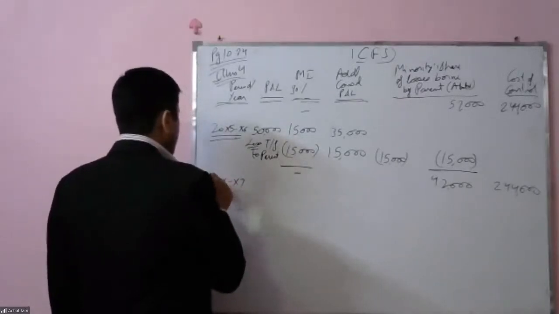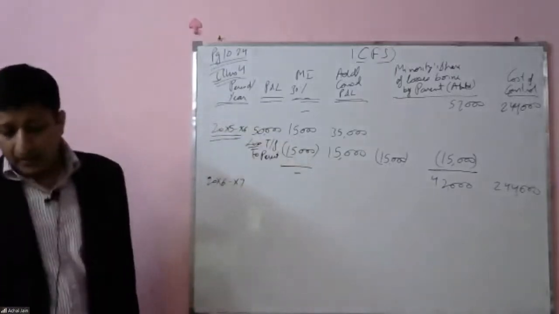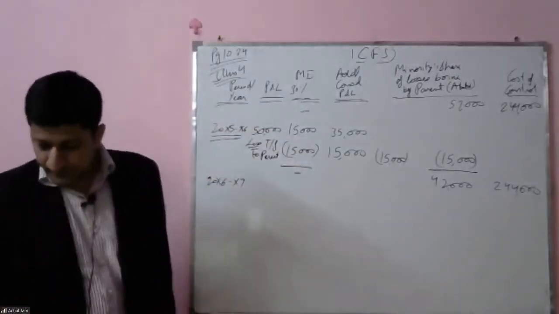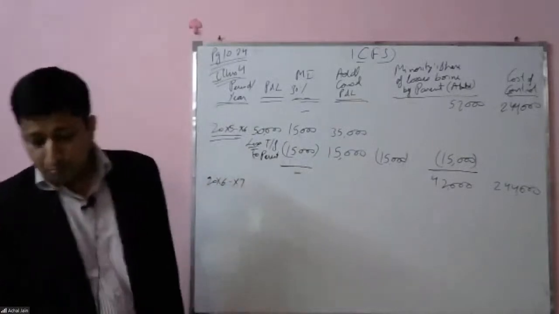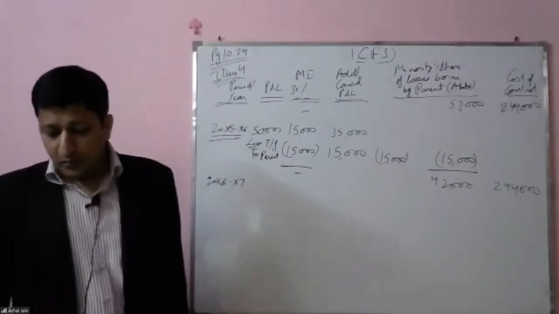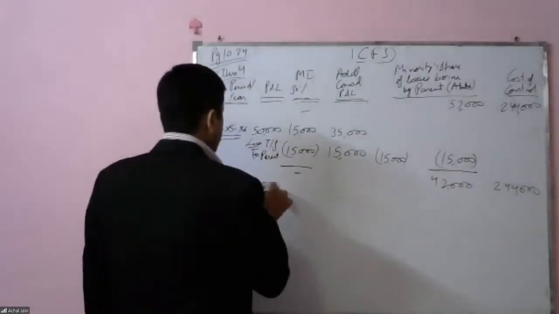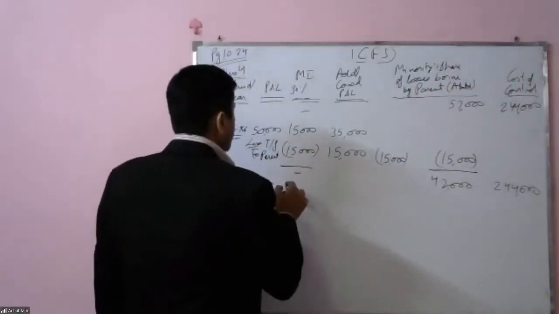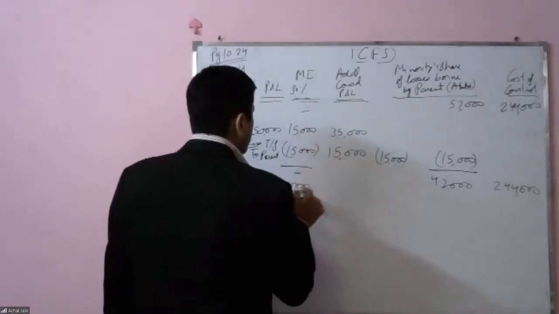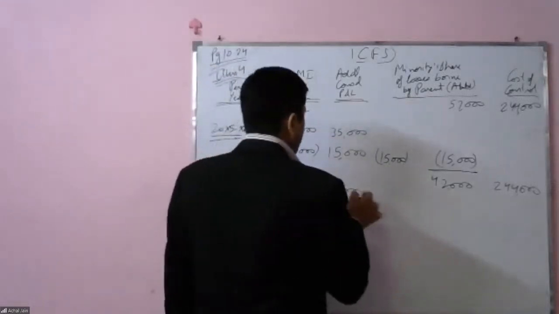X6, X7. Once again, there are profits. What's the amount of profit? 1 lakh. Now this 1 lakh will be transferred over here and here.